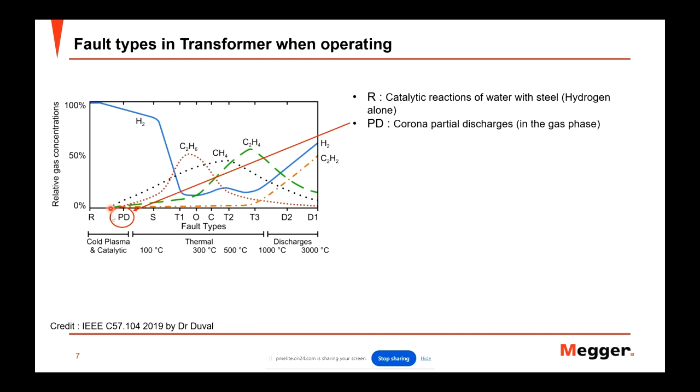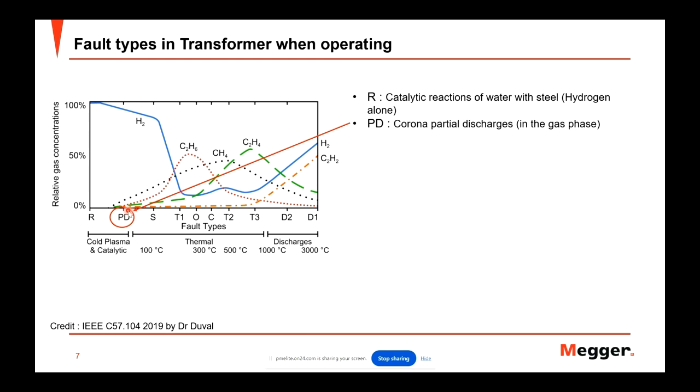And such as this PD. If you have hydrogen here, around 95% when you measure, and you also have methane here, maybe around 10%, that means you should have PD inside your transformer. I would like to show you this because this is not the trending.